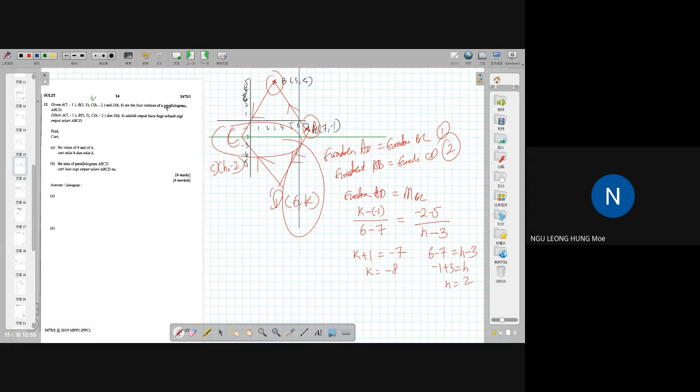Mula-mula, kalau kita nampak satu parallelogram ataupun apa-apa saja, polygon atau apa, dia mesti A, B, C, D ataupun P, Q, R, S ataupun K, L, M, N kan macam tu. Ada ke tidak kalau A, B, C, D, A, C, D, B? Ada ke tidak sequence macam ini?